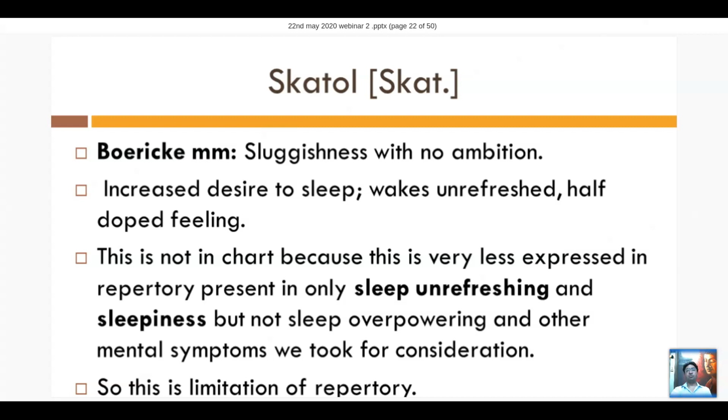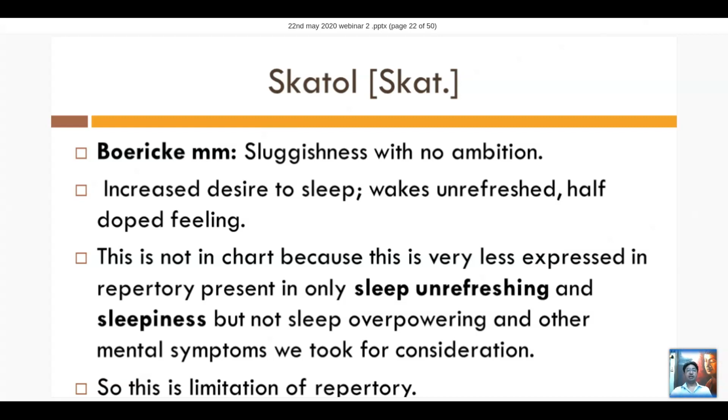It is present only in the rubrics sleep unrefreshing and sleepiness, but not in sleep overpowering. And in this case, there is no overpowering sleep. Basically, there is sleepiness in this case. The other mental symptoms we considered are not justifiable. We should not take those mental symptoms.